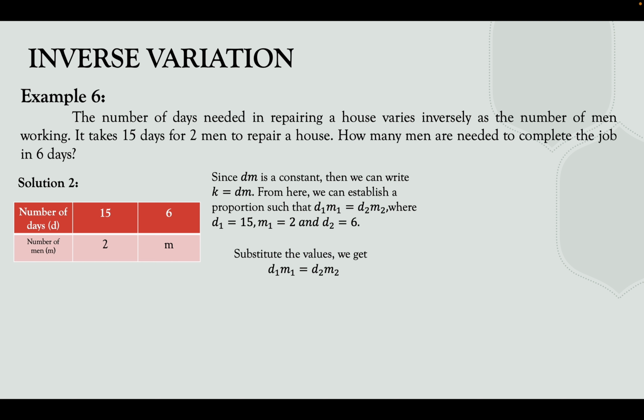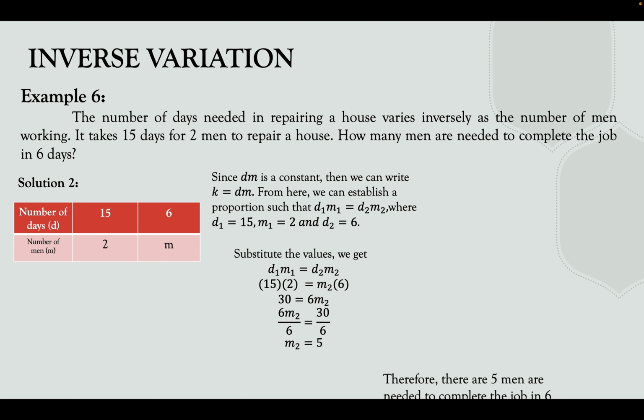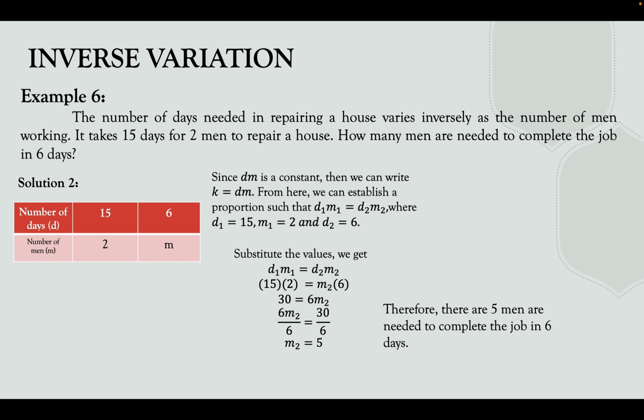We just need to substitute the given values. So we'll get 15 times 2 equals M sub 2 times 6. Simplifying that, you will get 30 equals 6 M sub 2. Divide both sides by 6, and you will get M sub 2 equals 5. Therefore, 5 men are needed to complete the job in 6 days.